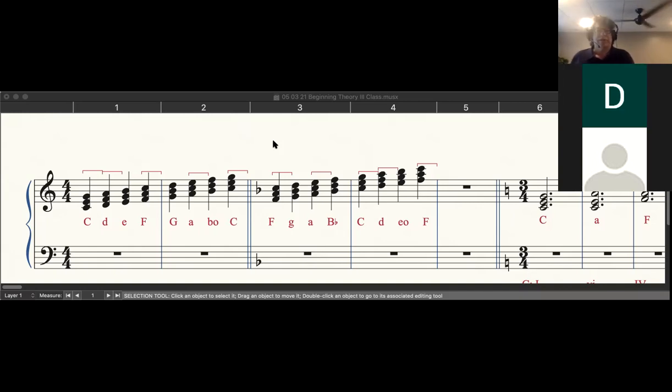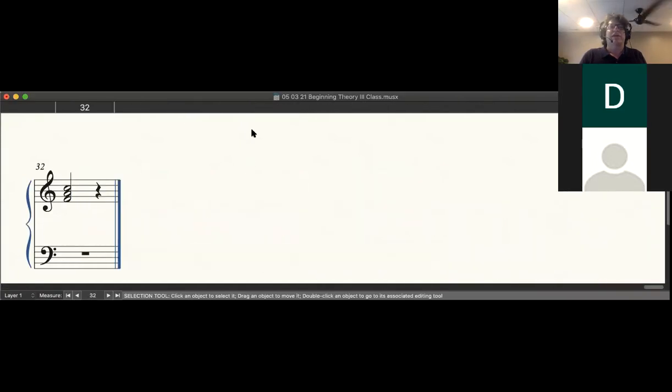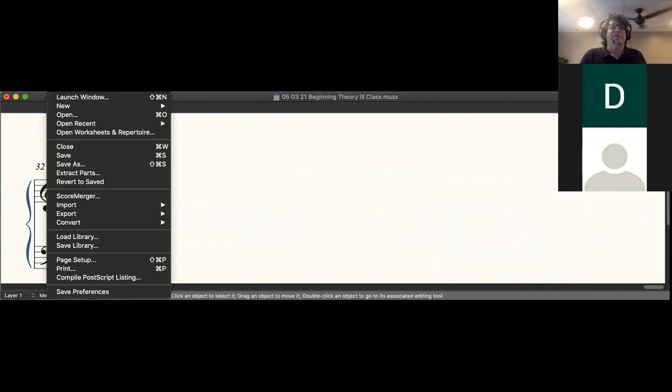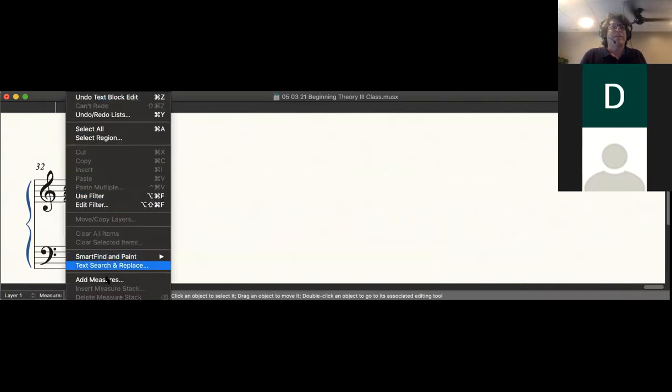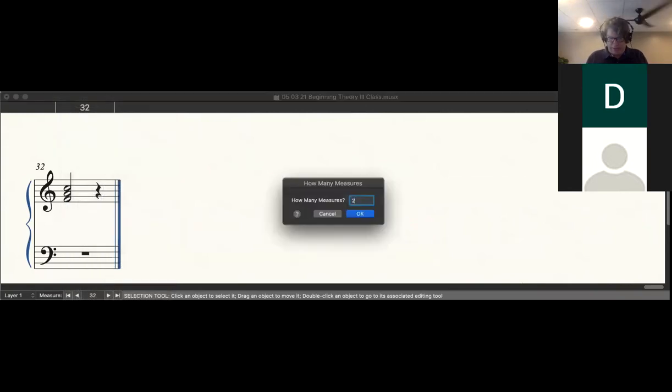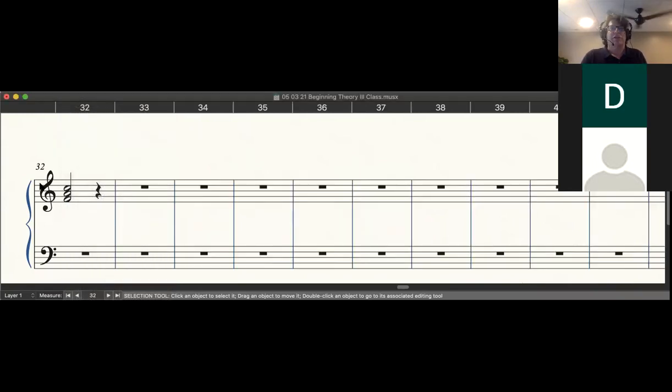Let me show you both of these. This is going to be kind of fun. All right, so let's just create some space at the end of Finale. You can all still see Finale, right? So I'll just create some stuff at the end. That's add 20 measures. That's good. Okay, so I'll do Leslie's first because she didn't get a chance to do last time. Is that okay, Leslie? You're okay with me showing yours?